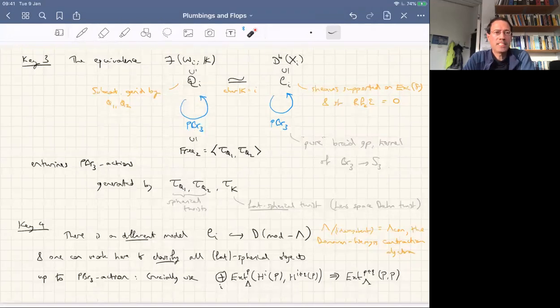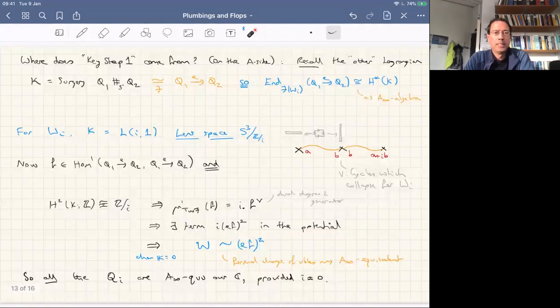Okay, so let me spell out a little bit more about some of these steps. Where does this first key step, the fact that we can relate this symplectic manifold to the quiver, come from? I said that we'll be interested in this Lagrangian K, the surgery of the two cores, and a general fact in symplectic topology is that this geometric surgery is represented by a mapping cone in the Fukaya category.